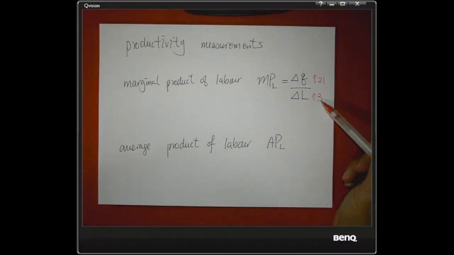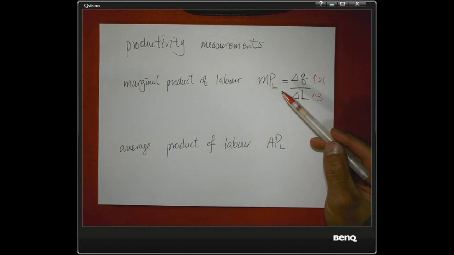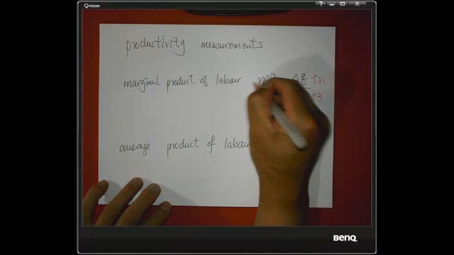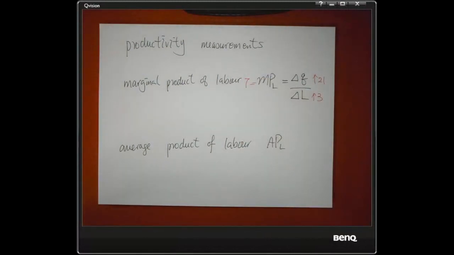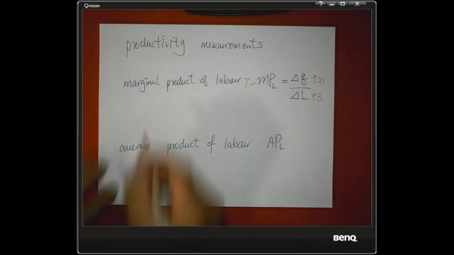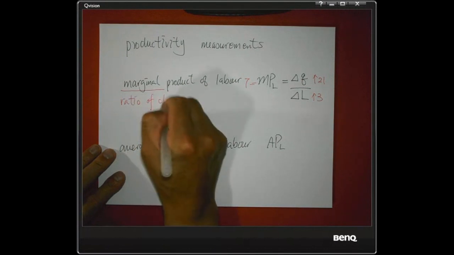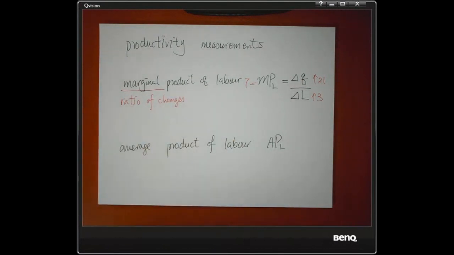So using 3 more workers, output increases by 21 units, and therefore the marginal contribution of each worker is actually 7 units. So marginal is about the ratio of changes. That is the change in the labor inputs and then the change in the outputs.